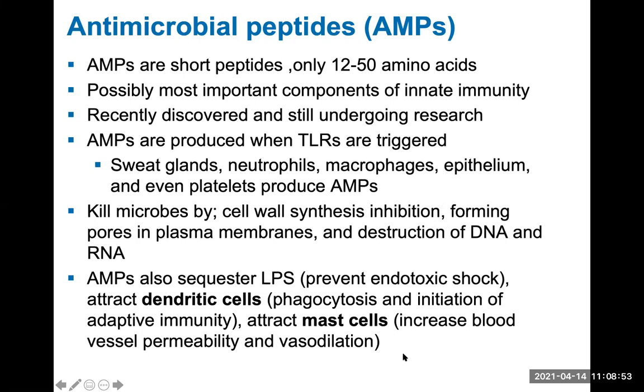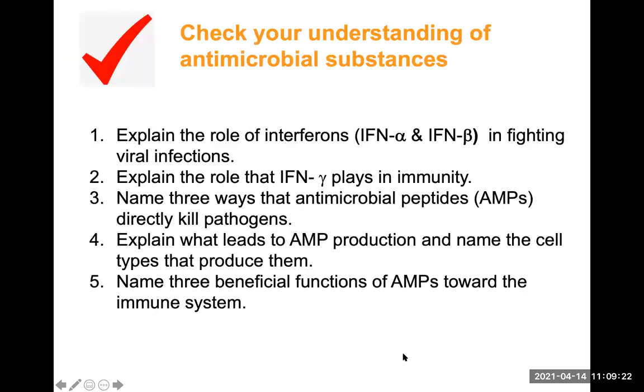They also attract dendritic cells to increase phagocytosis and initiate adaptive immunity. And they can also attract mast cells to increase blood vessel permeability and vasodilation. So they play a very important role in all sorts of areas of the immune system, right? A very interesting, new field of study.